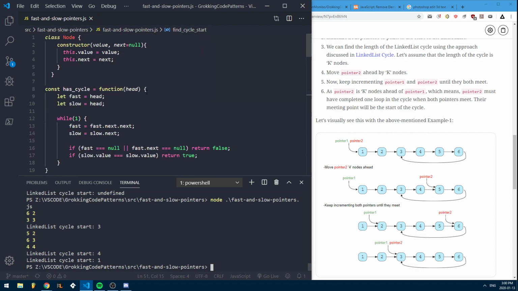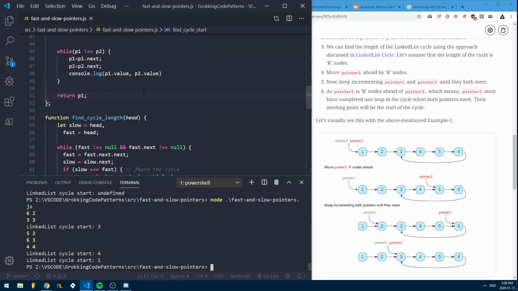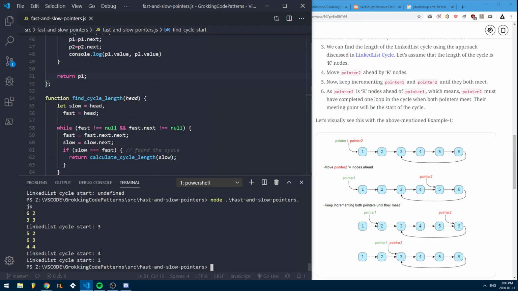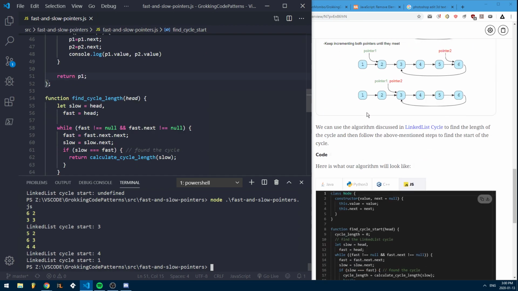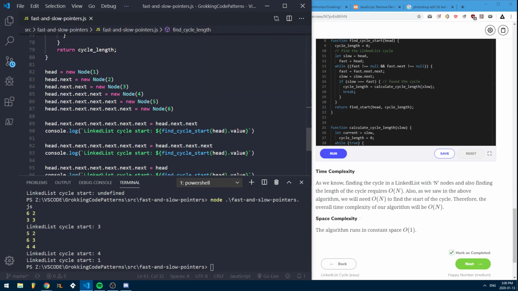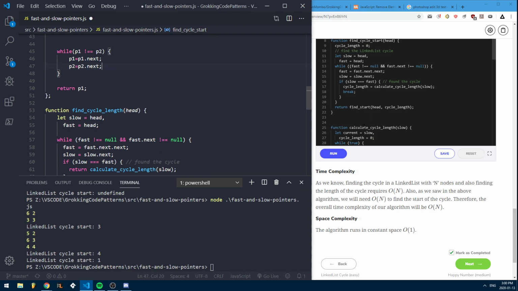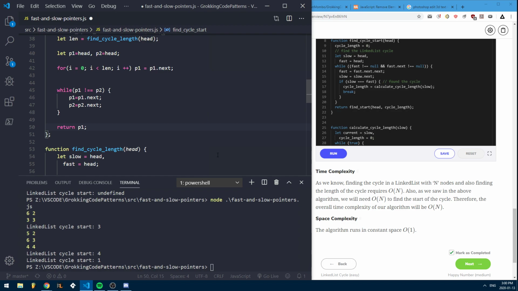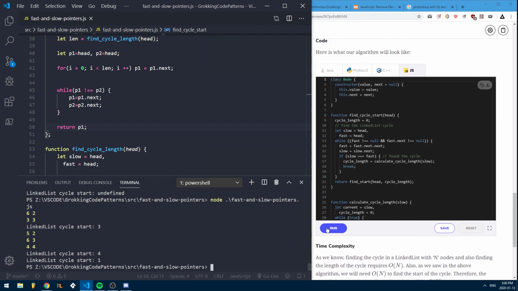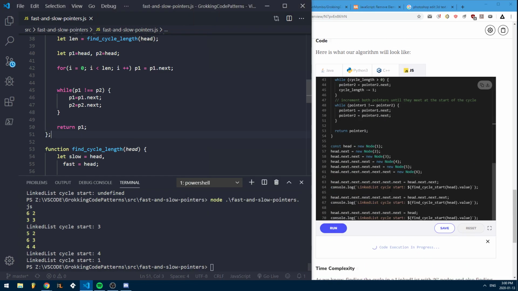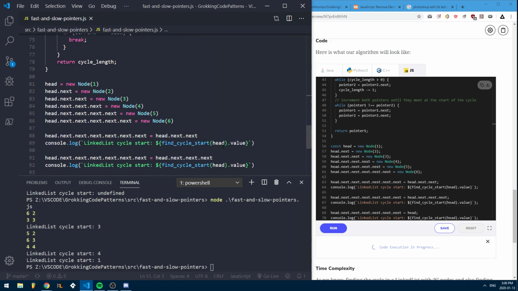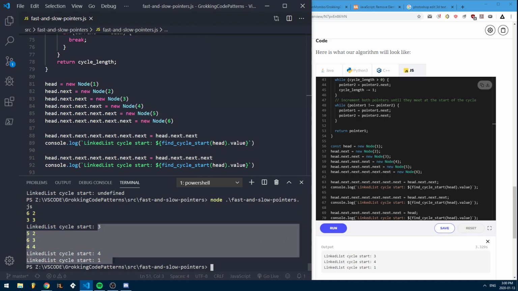Wait, I don't want to return the value? I just return P? Why is P1.value undefined? It literally has a value. Three, four, one.